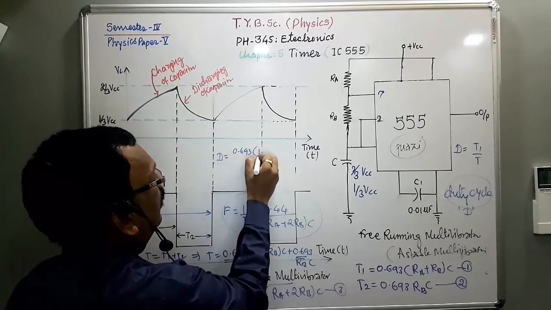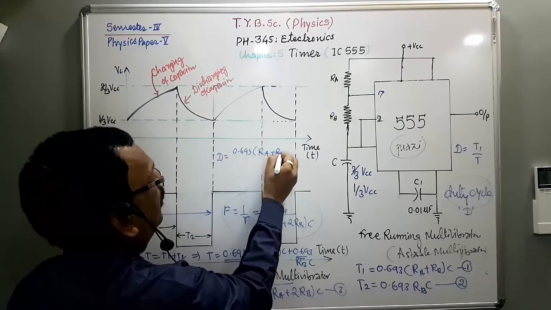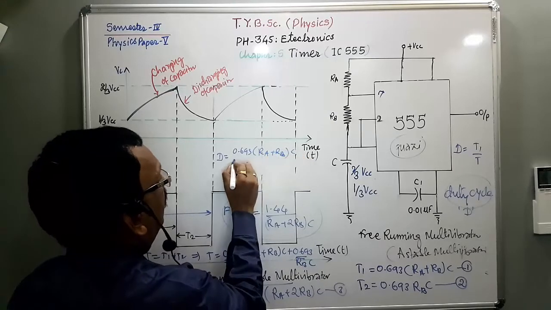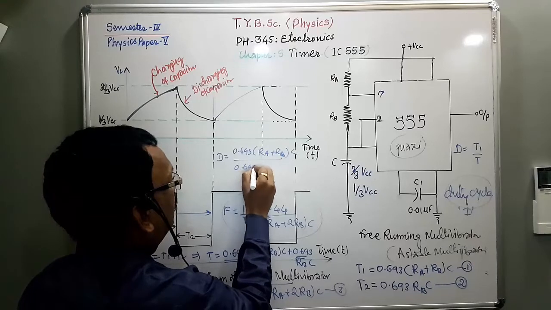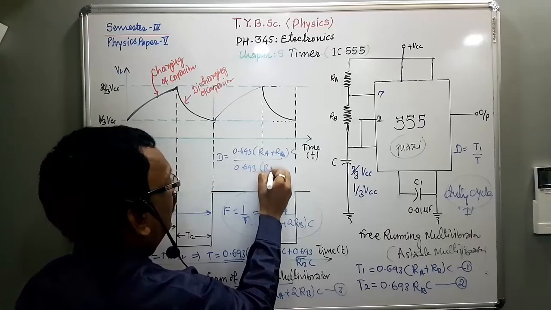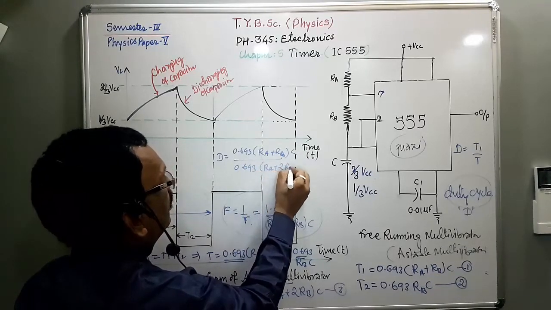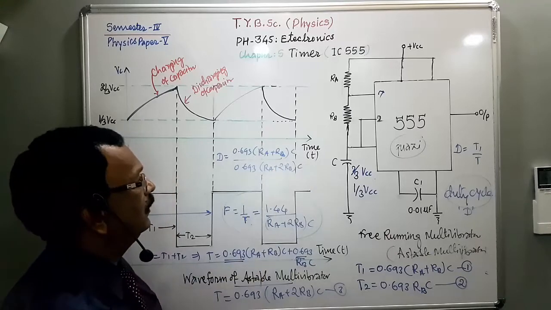T1 is 0.693 (RA plus RB) into C. And the total time is 0.693 (RA plus twice RB) into C.